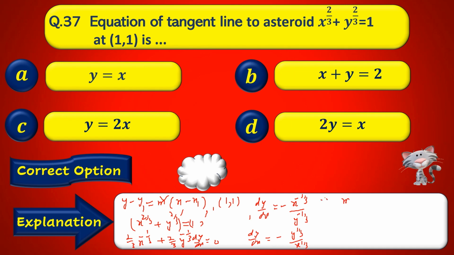Therefore, slope of tangent line at point (1, 1) is, we replace y and x by 1. We have 1 raised to power 1/3 over 1 raised to power 1/3, and slope is minus 1.